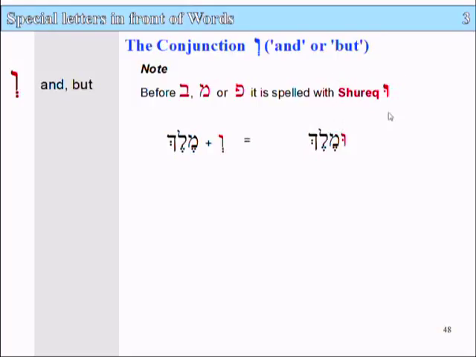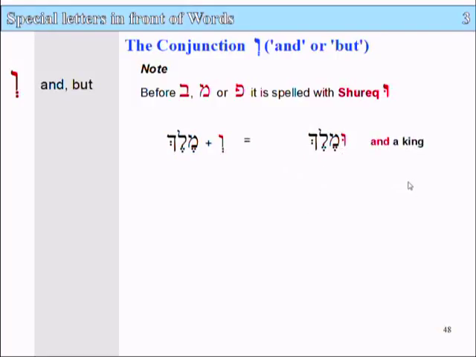It's a vowel, one of the vowels you remember. But whether it's pronounced with a v or an oo sound, it still means and when it's in front of the word. So Malik with a vav in front of it changes to Umalik, simply because that's a mem, it's an oo sound, not a v sound.